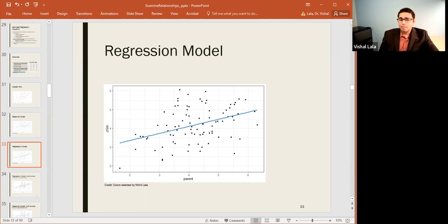In fact, it's called BLUE, where BLUE is an acronym for best linear unbiased estimator. This blue line that you're seeing is really good and really optimal because it has a number of characteristics that make it really good. Specifically, this line is such that it gets as close to all points as is mathematically possible.